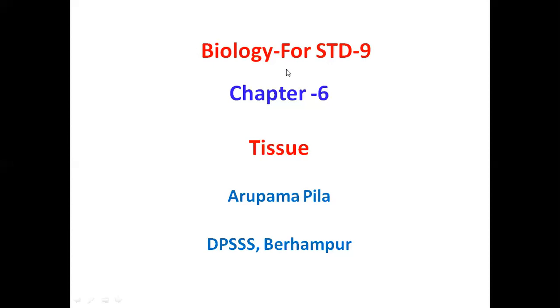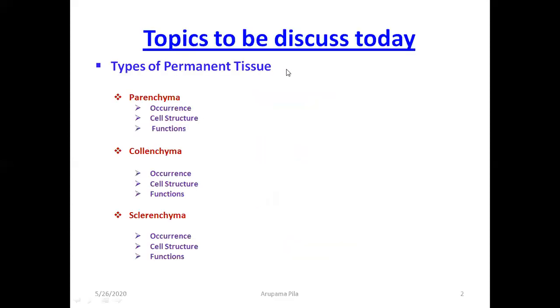Okay, dear students, today we are going to discuss types of permanent tissue. Number 1, parenchyma tissue; we'll discuss its occurrence, cell structure and functions, and I'll show you its diagram.